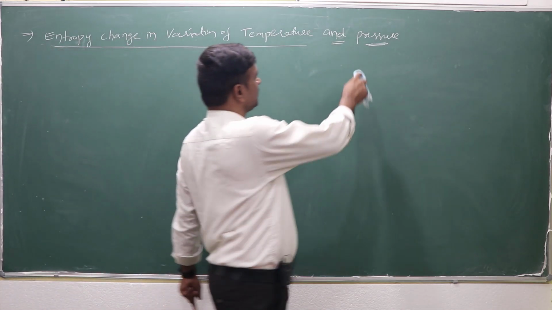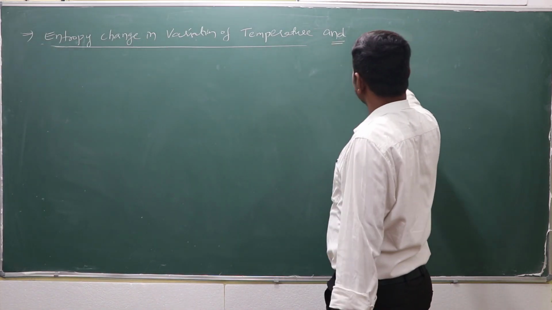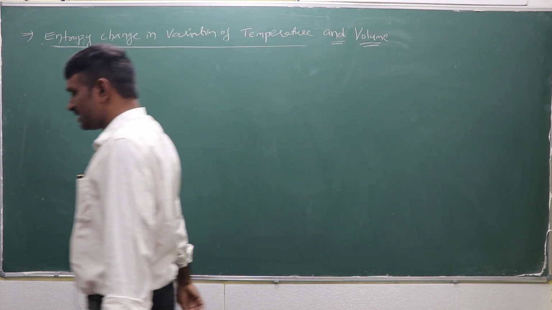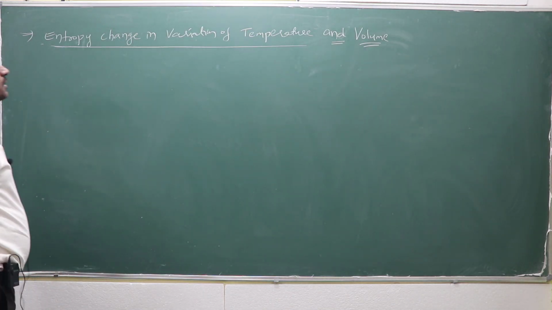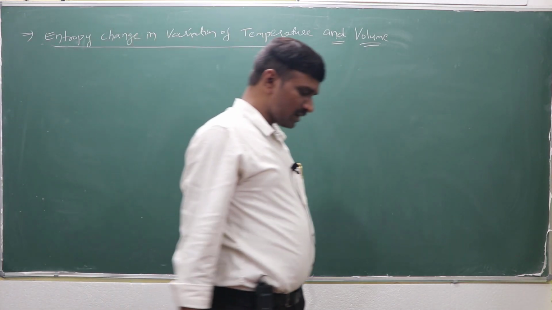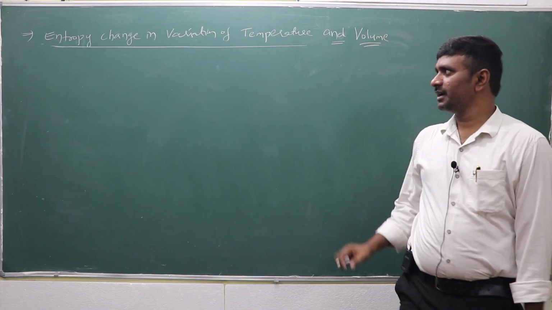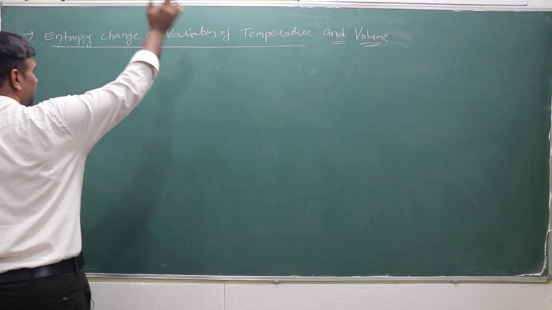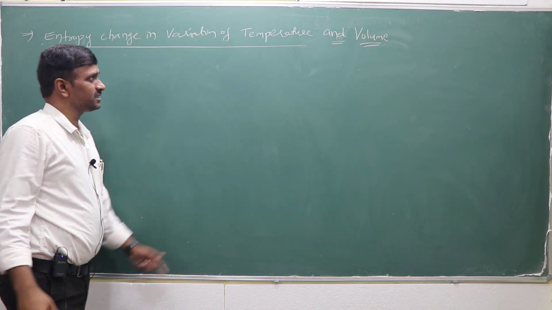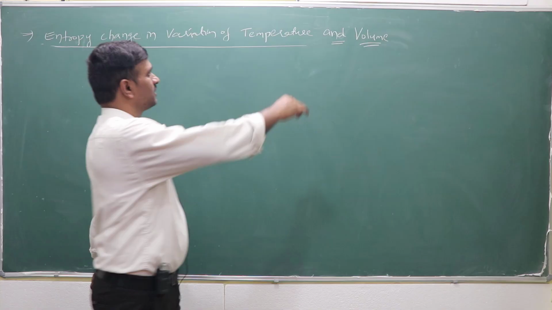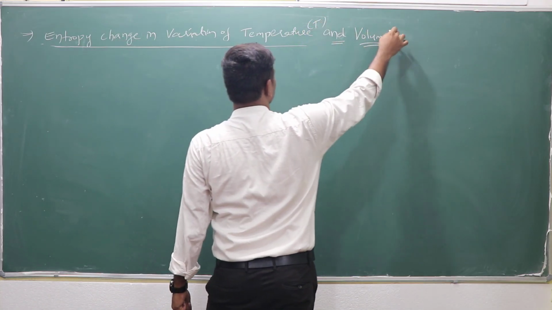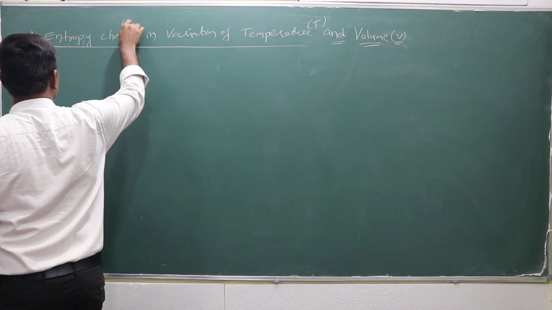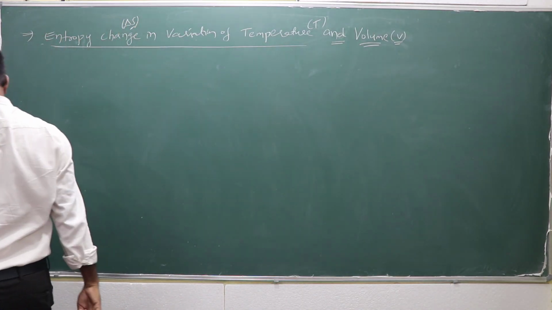Suppose first you take temperature and volume. We check the variation or change of entropy while changing the temperature and volume. How does the change in entropy, delta S, take place?